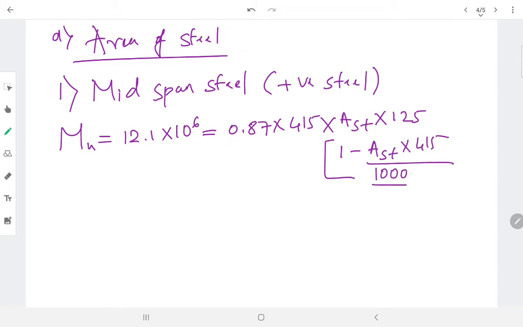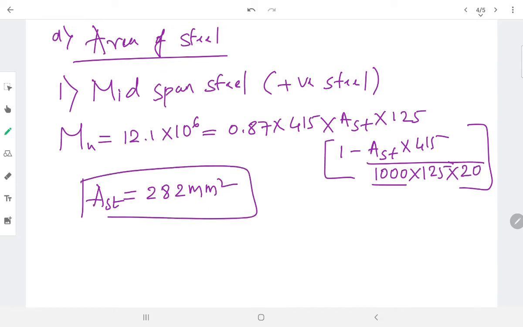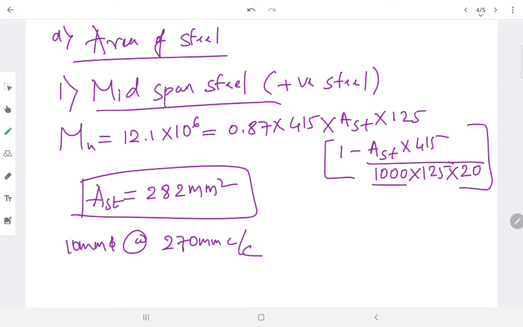B for the slab is 1000, D is 125, FCK is 20. After calculating this, AST comes as 282 mm square. 282 mm square is the steel required for the mid-span. Here I can adopt 10 mm diameter bars. Find out the spacing, I get around 270 mm center to center. So this is mid-span steel.